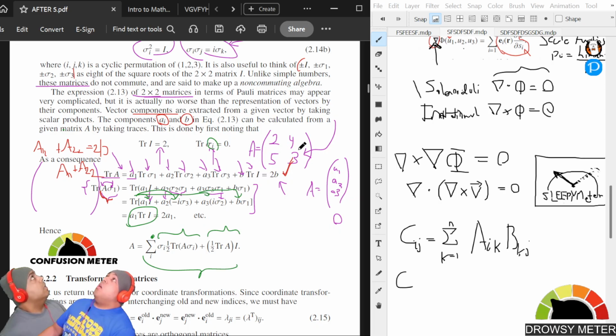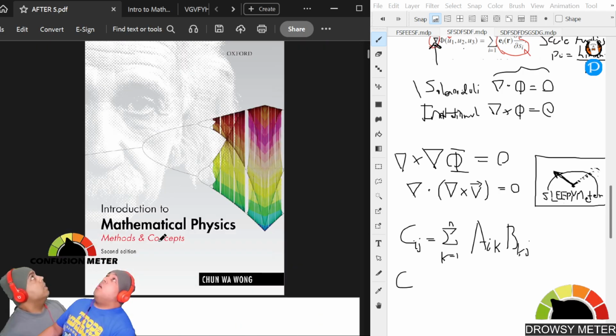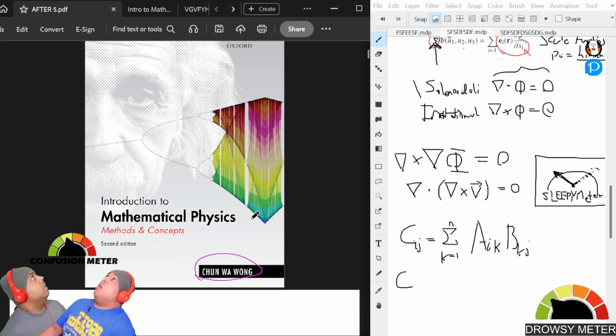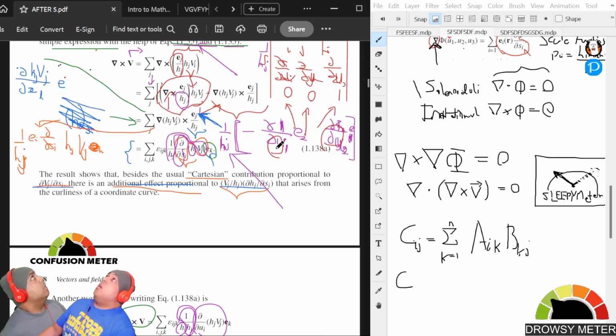I suppose I don't have the title of the book on stream. I should probably add that. This is the book: Mathematical Physics, Chun Wa Wong. I should probably add that to the stream. For real. I'm going to end soon.